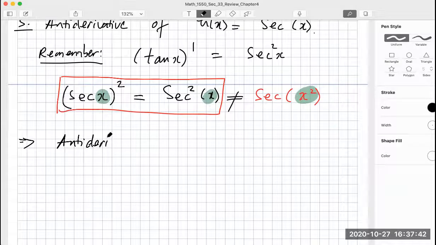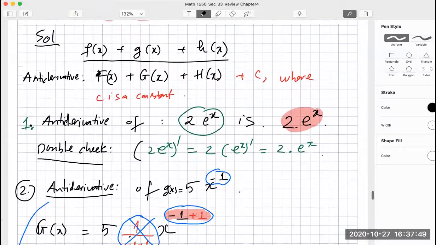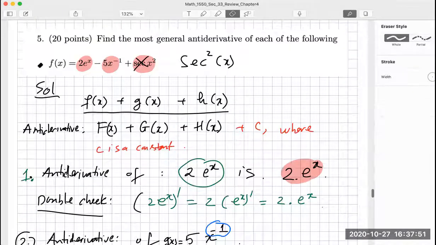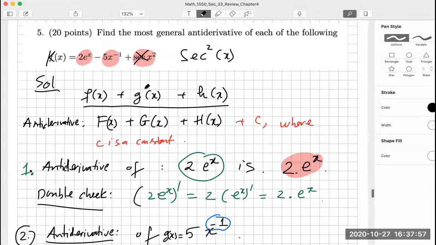the antiderivative of, oh, let us call it k of x or anything else. Just don't be confused by the names.